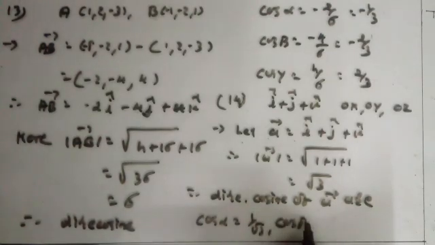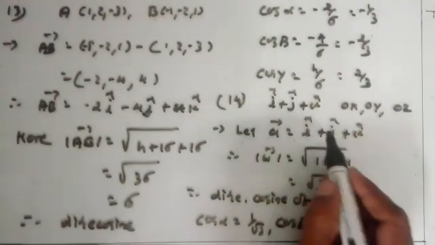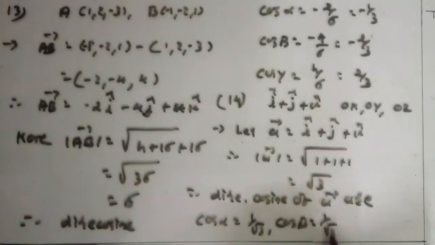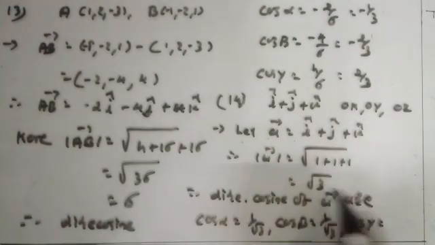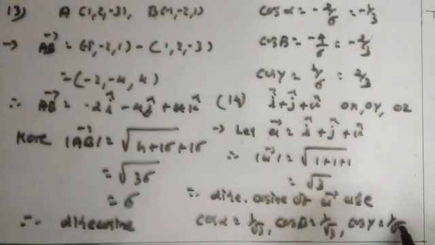Cos beta is equal to 1 upon root 3, and cos gamma is equal to the third component upon mod of a, that is 1 upon root 3. Here cos alpha is equal to cos beta is equal to cos gamma. So alpha equals beta equals gamma. So we say that the vector is inclined at equal angles.